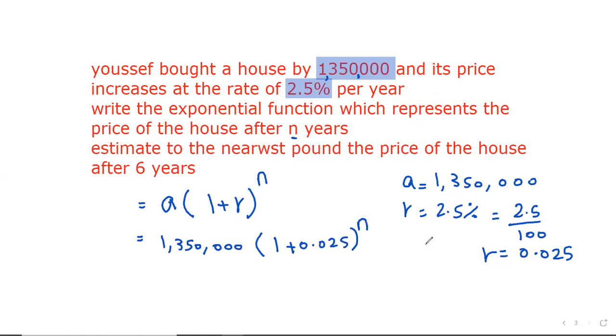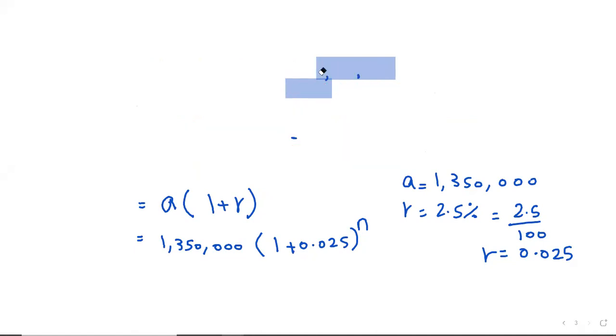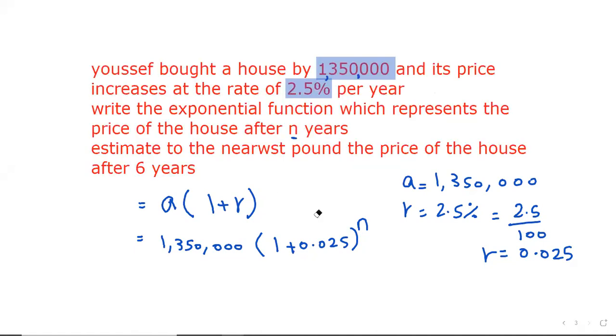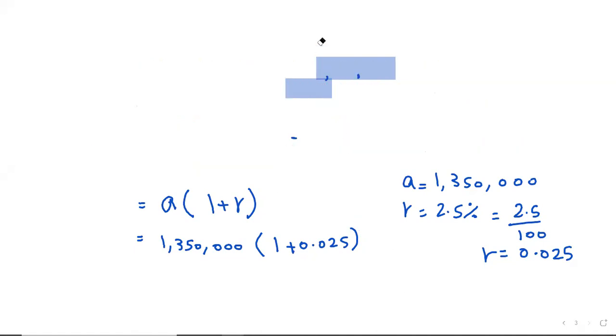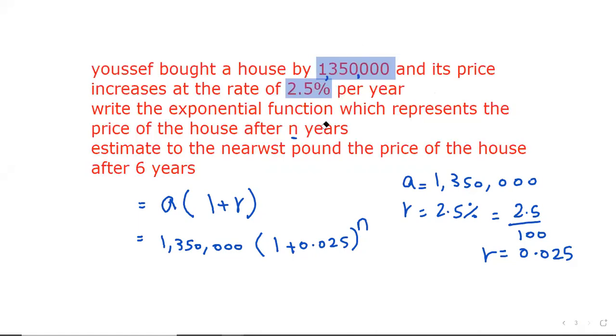What is n? It is the number of years. Instead of n, we can write t. So it's raised to the power of t, as in the formula written in your book, where t is the number of years.